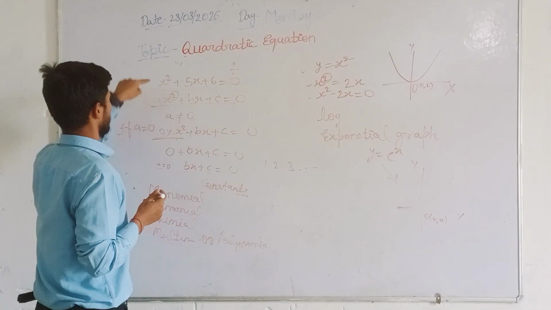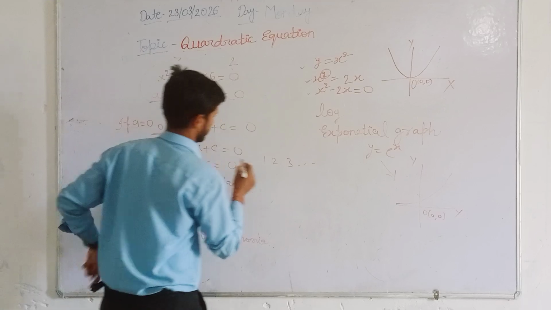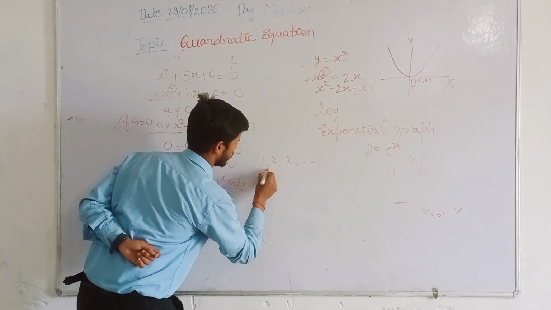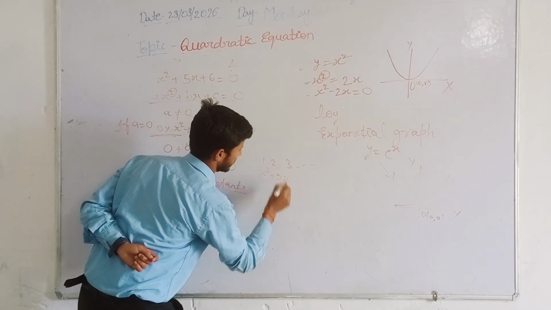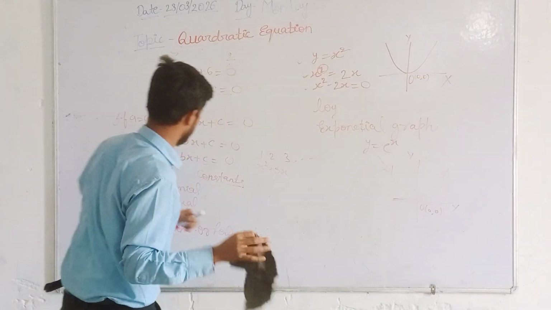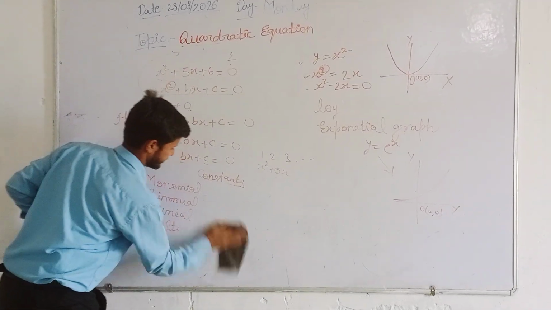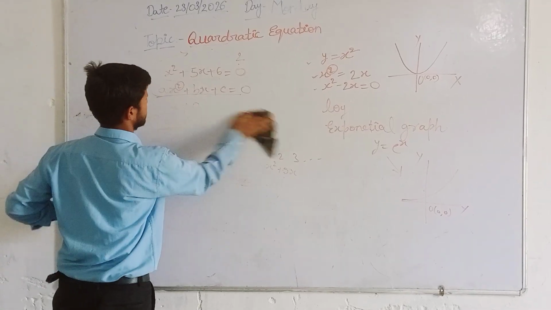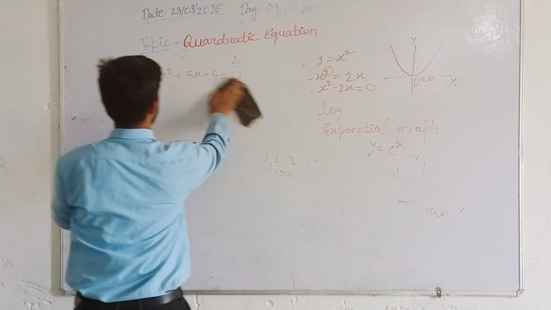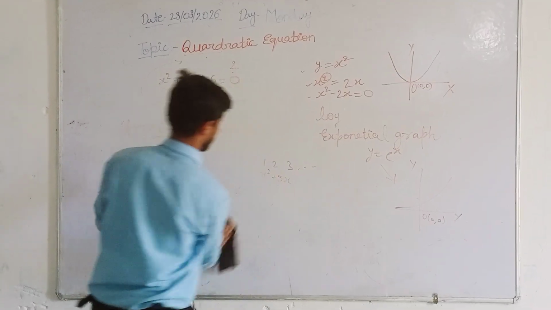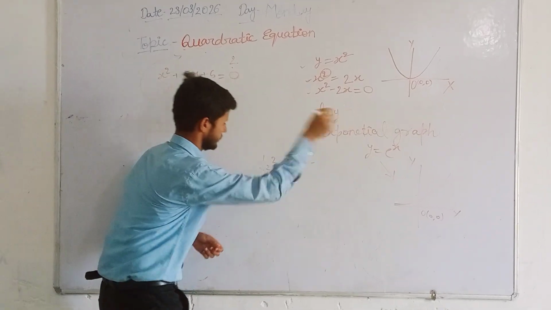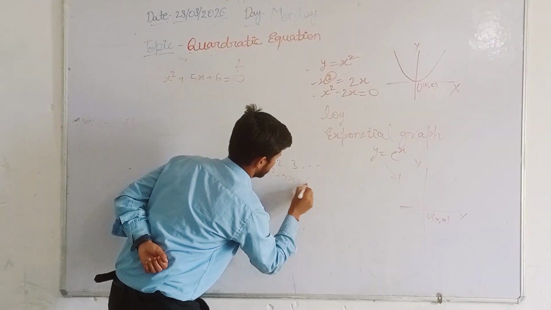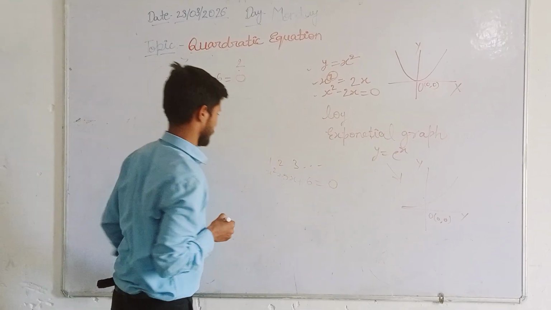But first, I will solve this equation. x square plus 5x plus 6 is equal to 0.